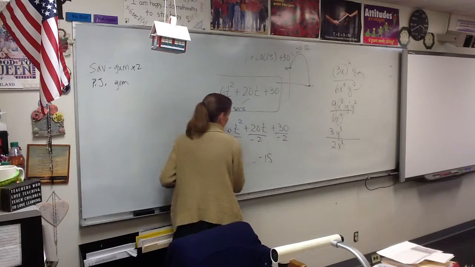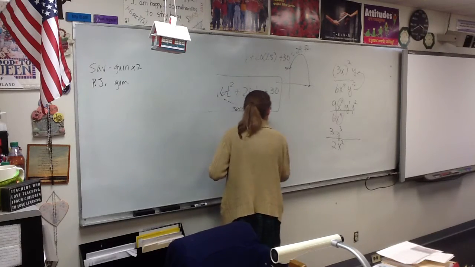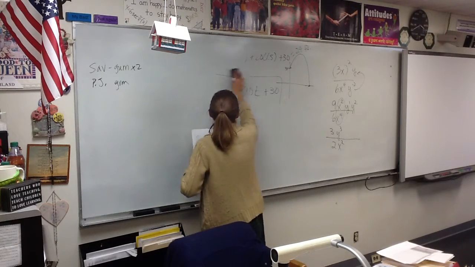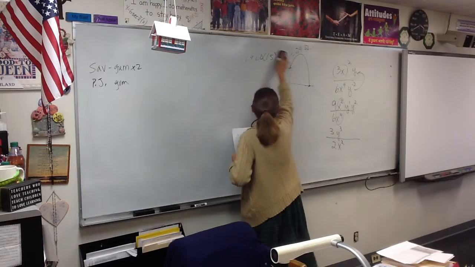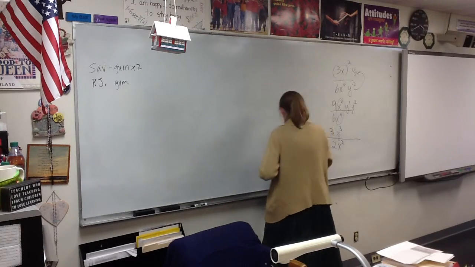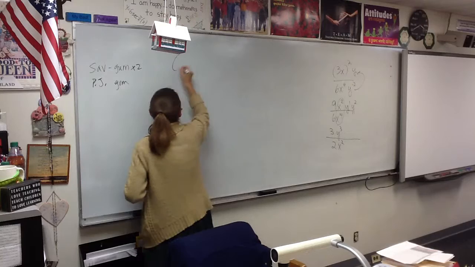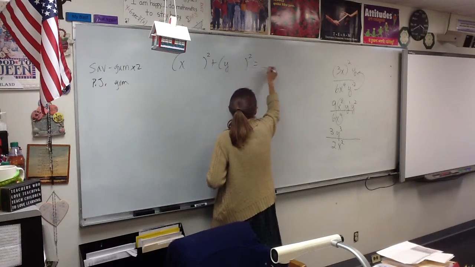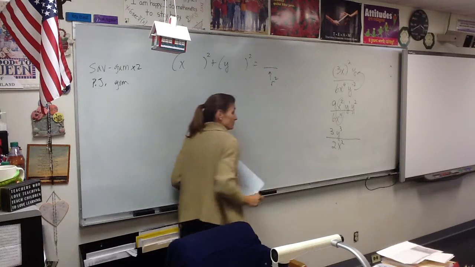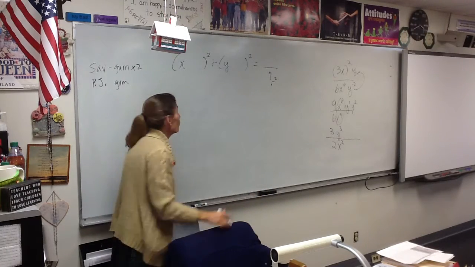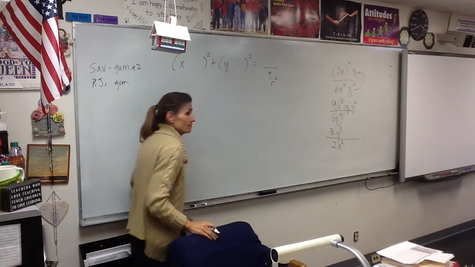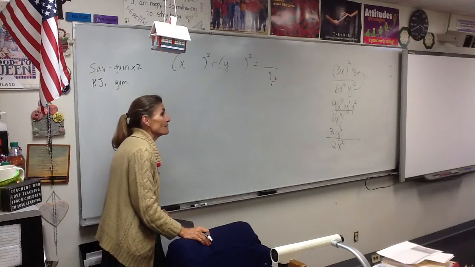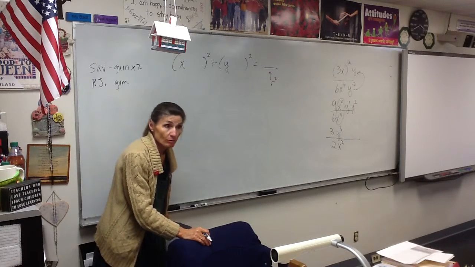Number 7. You do not have to show any work for number 7. Boys and girls, the equation of a circle looks like this. What goes in the parentheses? The opposite of the center.